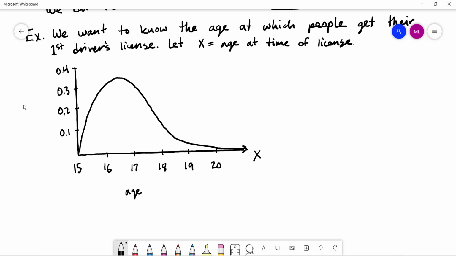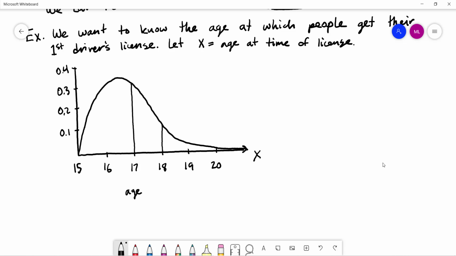Okay. The way that we deal with one of these continuous curves is we want to think about the area under the curve, and that's going to be the most important thing. In this case, the area under the curve represents the probability.